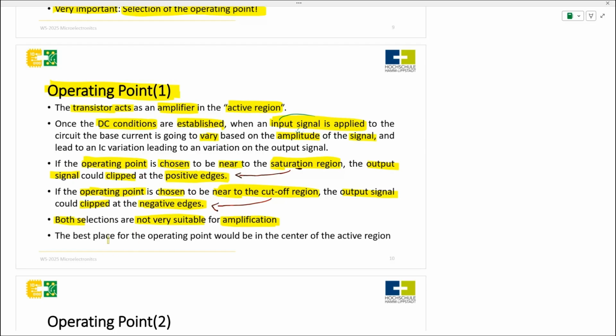The best place for the operating point will be in the center of the active region. So we have the saturation region, cutoff region, and active region, and the best place for the operating point will be the center of the active region.